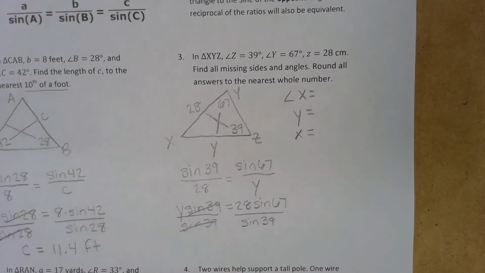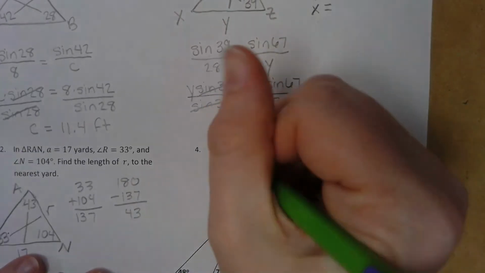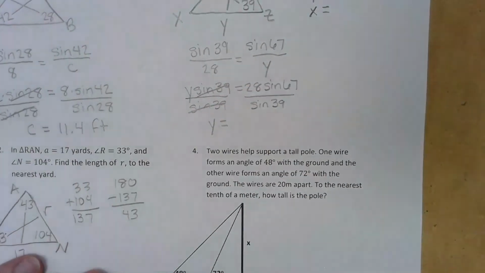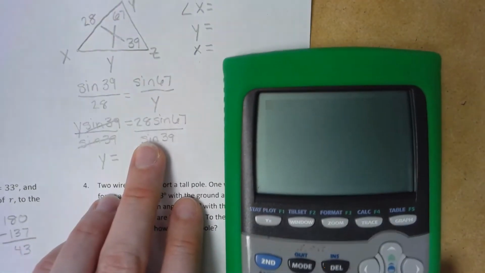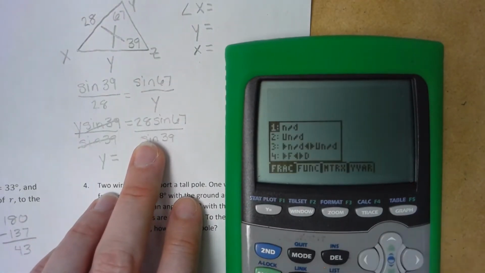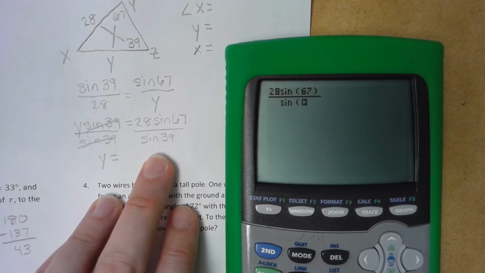So always pick whatever's on the same side as your variable. So here we find that y equals, and we're ready to type that in our calculator. 28 sine of 67, and then sine of 39 in the denominator.